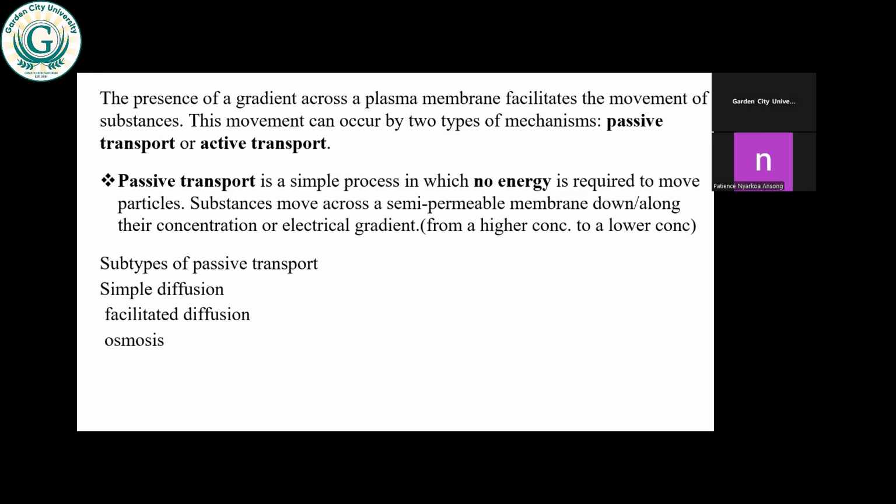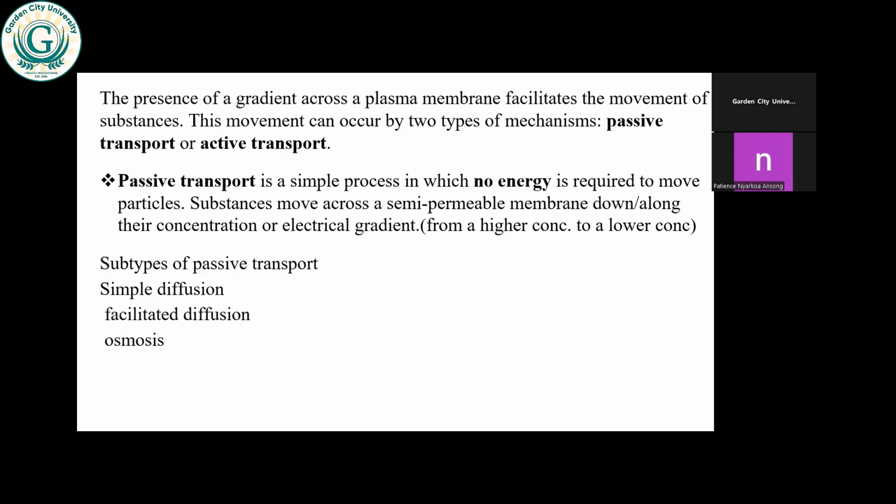Then we look at facilitated diffusion. Facilitates, help, aid. This type of diffusion uses help, okay? So here the molecule that is being transported, although it is moving from a higher concentration to a lower concentration, because of, number one, its size, maybe it is too large for the pores, and therefore it can't pass through easily.